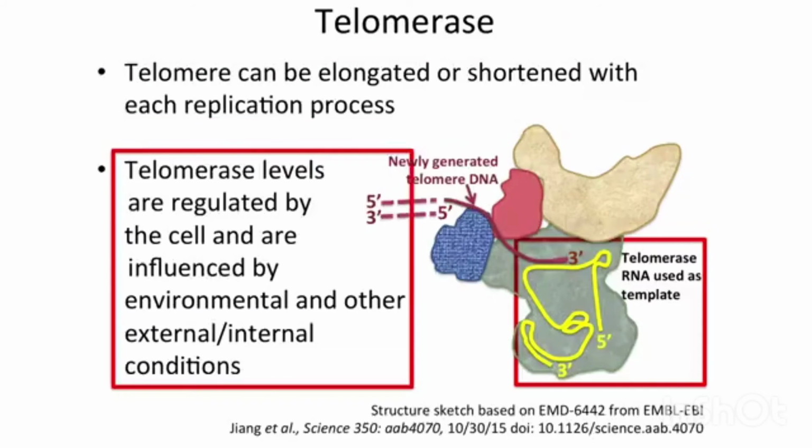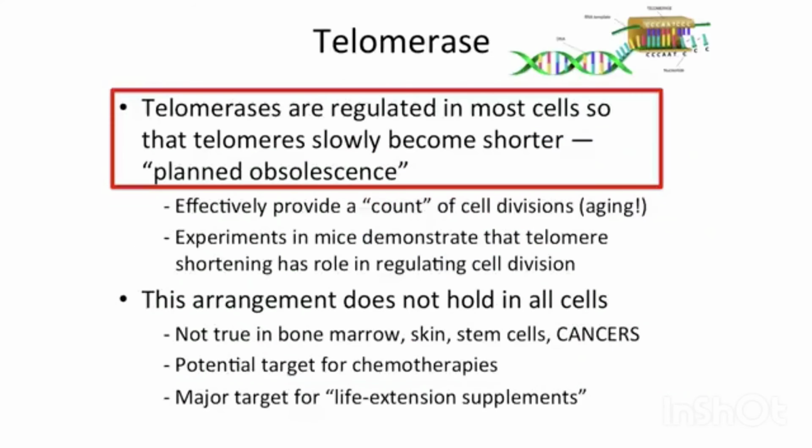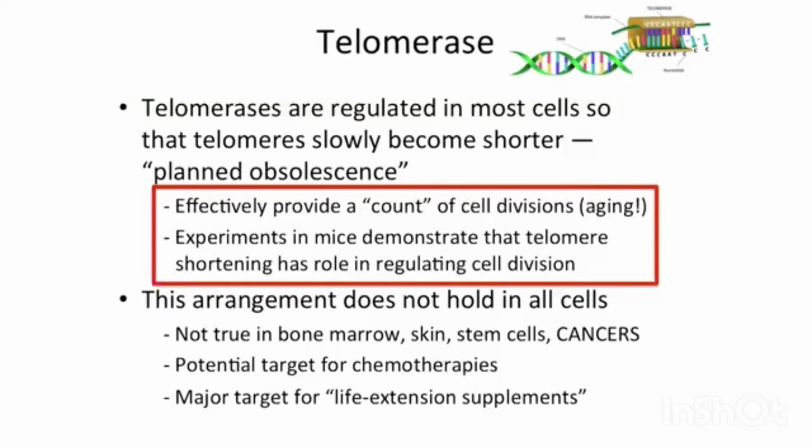Telomerase levels are regulated by the cell and influenced by environmental and cellular factors. In most cells, the telomeres slowly become shorter, as if there is a kind of planned obsolescence. This effectively produces a count of the number of cell divisions.